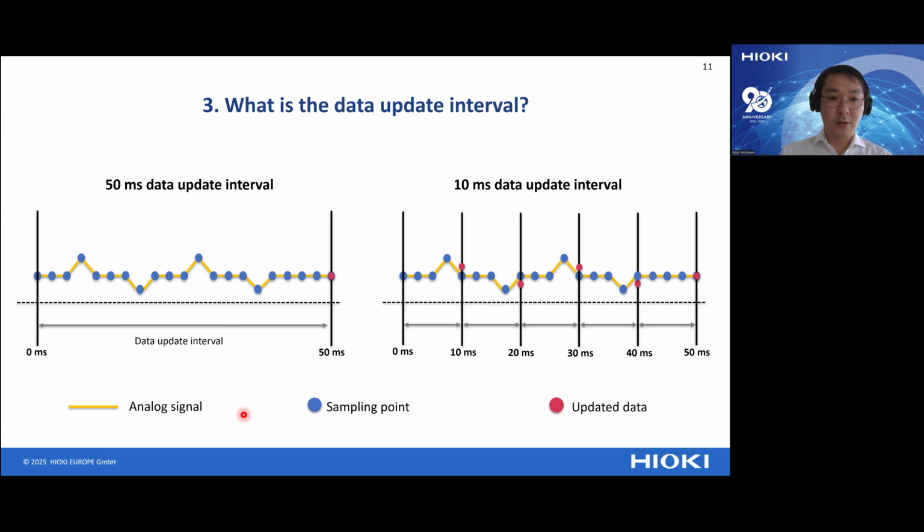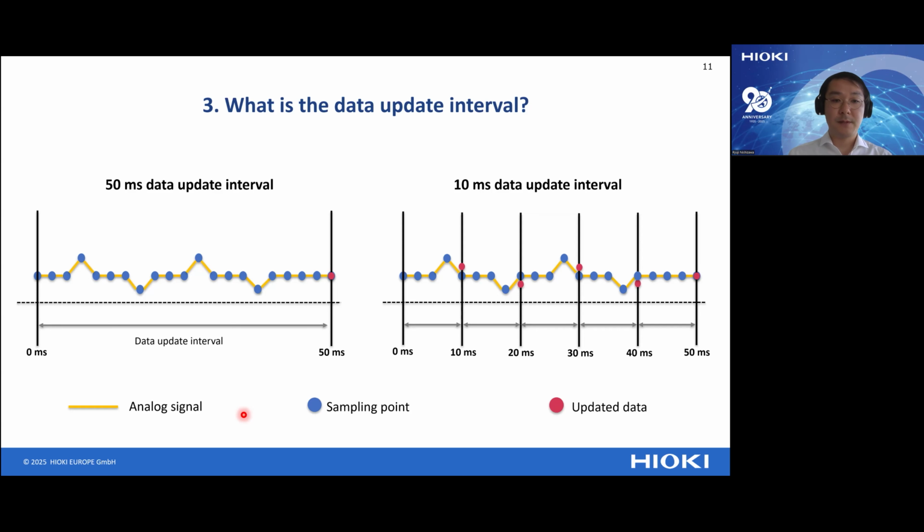The red dots show the data points that are actually saved and indicated on the instrument. Even though the device samples continuously at each blue dot, the values you see on the display or as saved data, like voltage or power, are calculated over certain time windows. This time window is the data update interval.